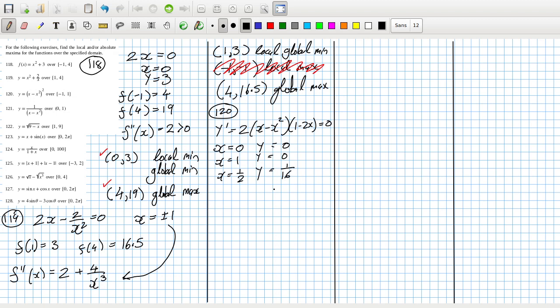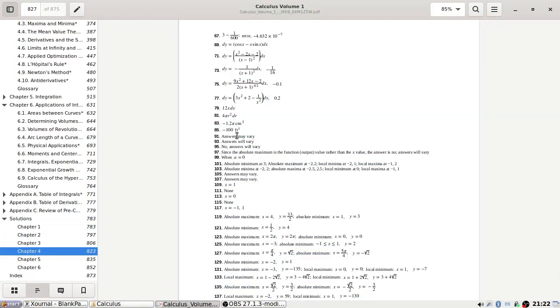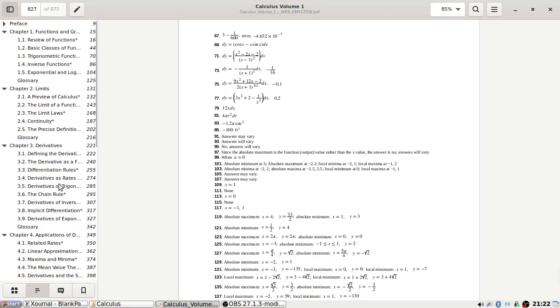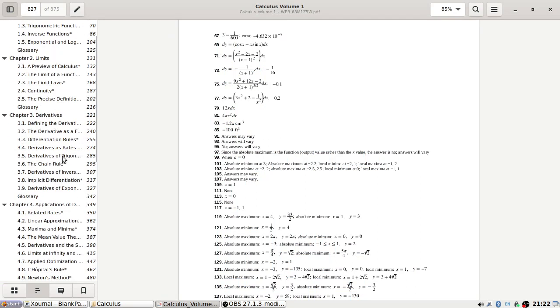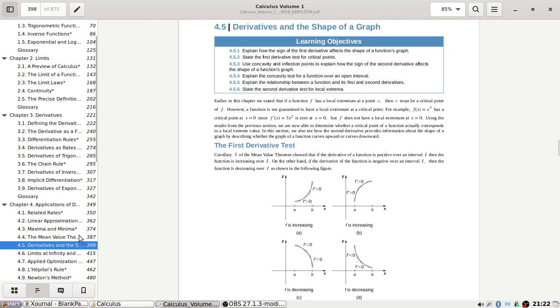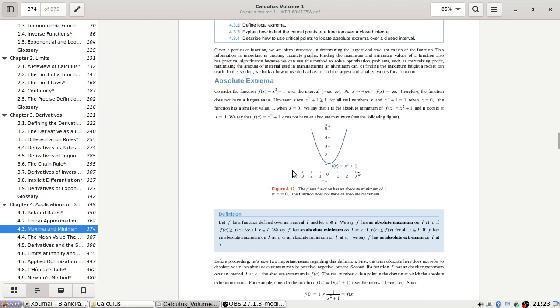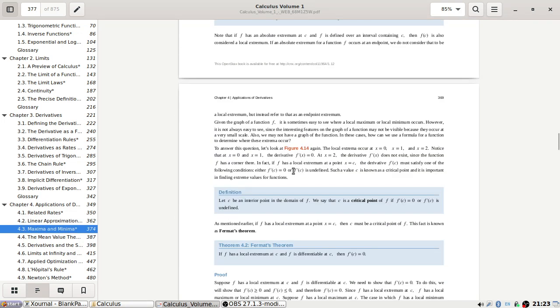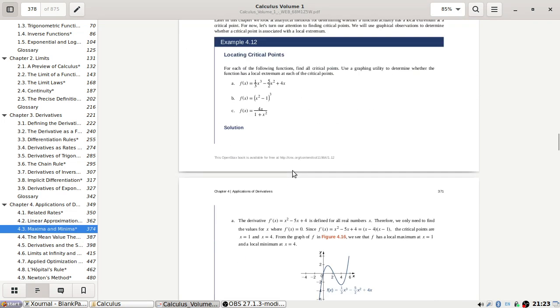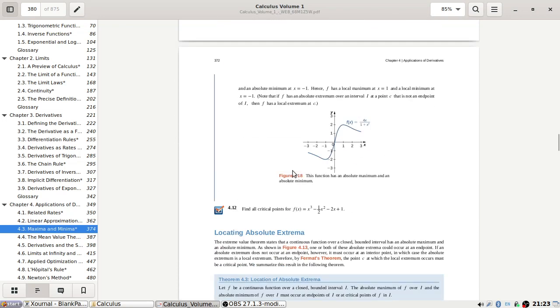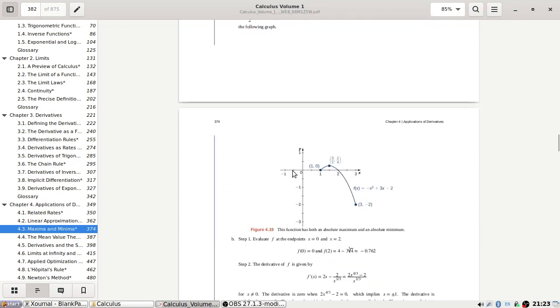Okay. Now, actually, let's check something here. I'm just wondering if this section includes the second derivative, because I've been using it to determine if it's max or min. It just occurred to me that that might be a skill we're not being tested on yet.